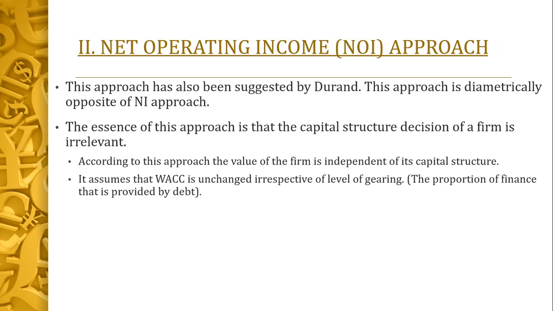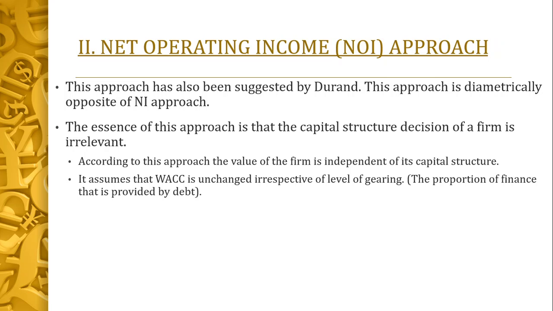So, since you know what the weighted average cost of capital is, the NOI approach, or net operating income approach, tells that irrespective of the level of gearing, it will not have any effect. Level of gearing is what we are speaking of: 10% of debt, 90% of equity is one type of gearing, or one point. And when you change it, it becomes levels of gearing. Gearing we had studied under notation, where we spoke regarding the increasing of the debt portion.